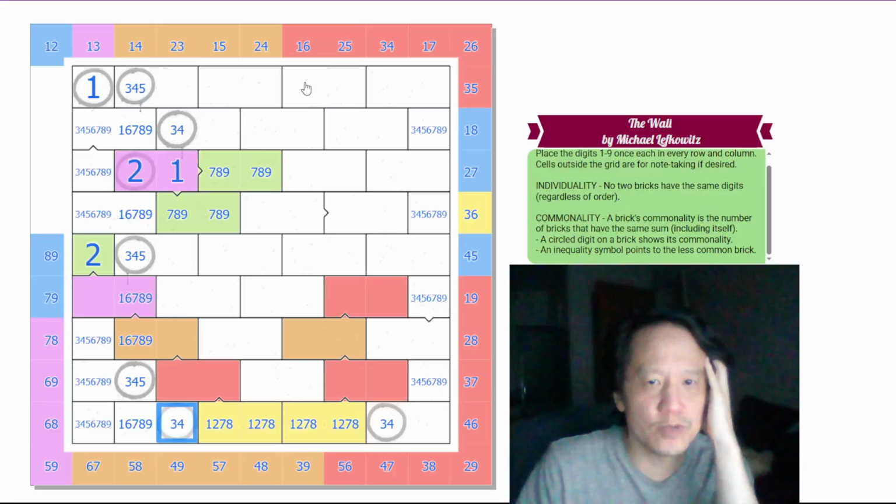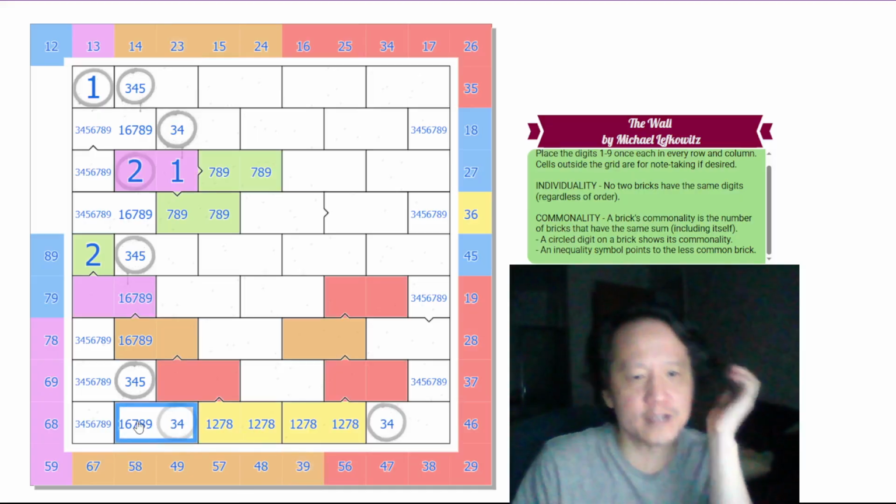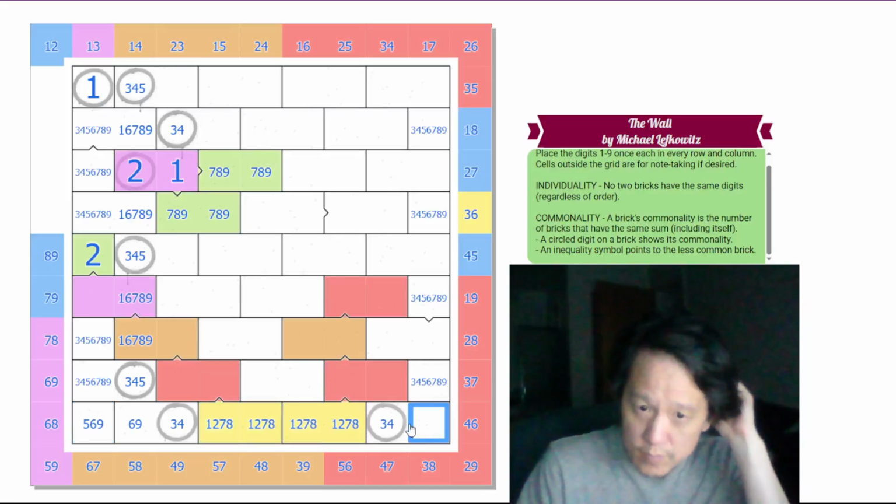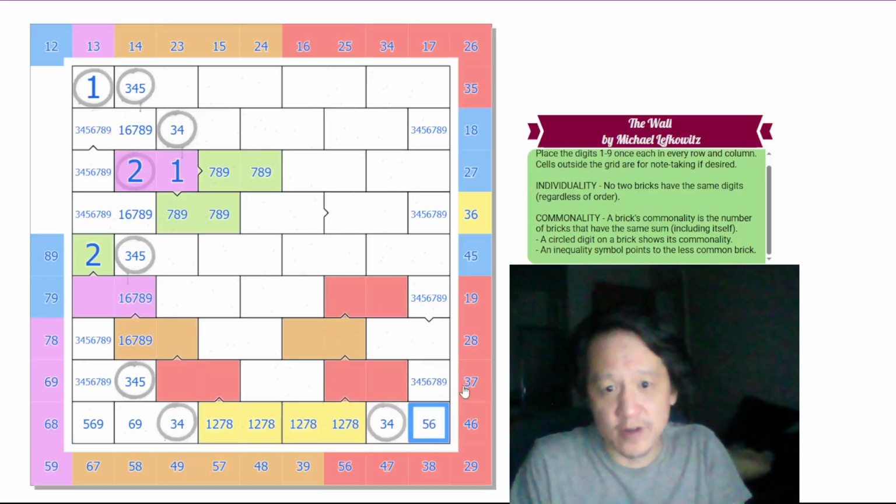So for 3 digits with 3 commonality, it's 2, 3, and it's 3, 9. So this has to be 3 and 9 somewhere. This can't be 1. This can't be 7 or 8. This is 6 or 9. So this can't be 7, 8 here, or 3, 4. The remaining digits are 5, 6, and 9.